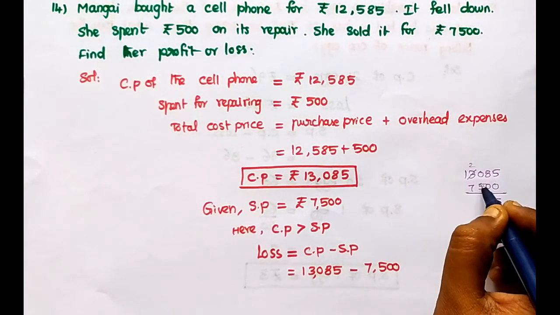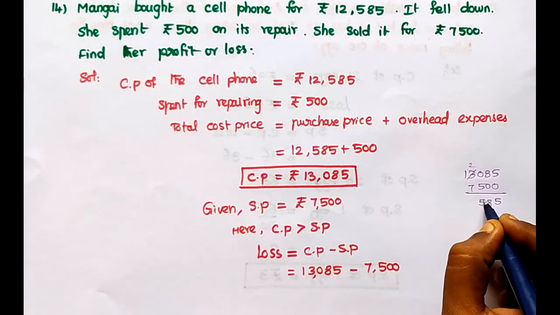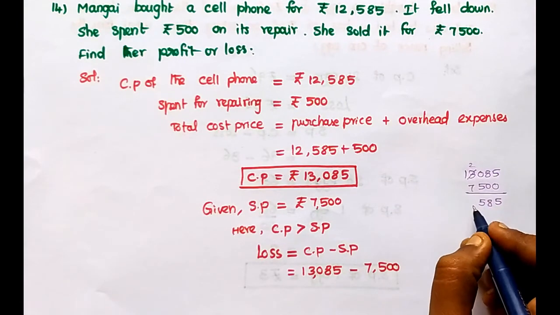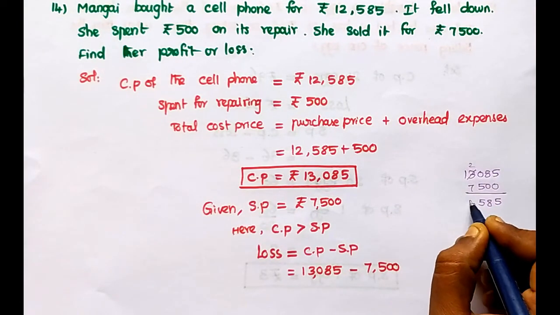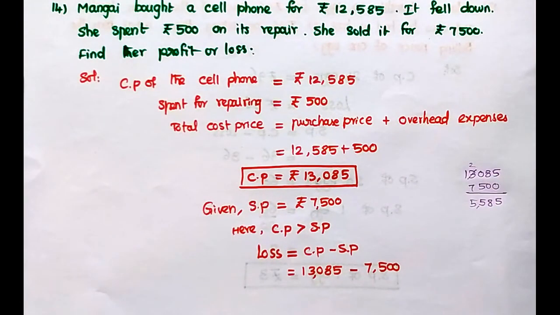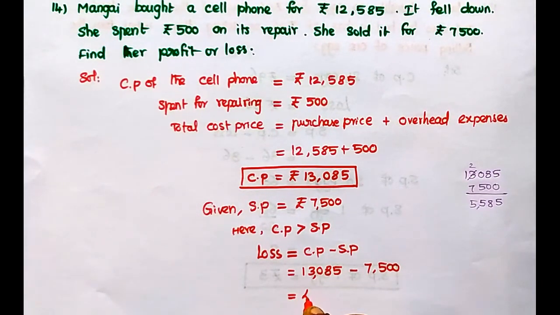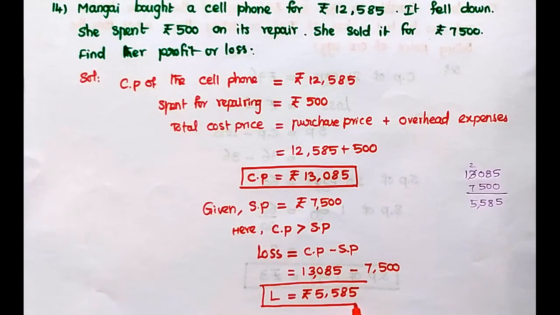It becomes 10. 10 minus 5, 5. 12 minus 7, 5. So 5,585 rupees loss. 5,585 rupees is lost. That is the answer.